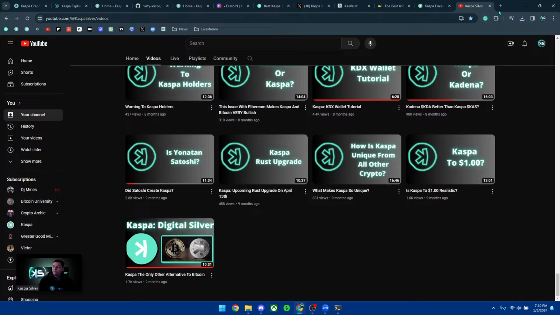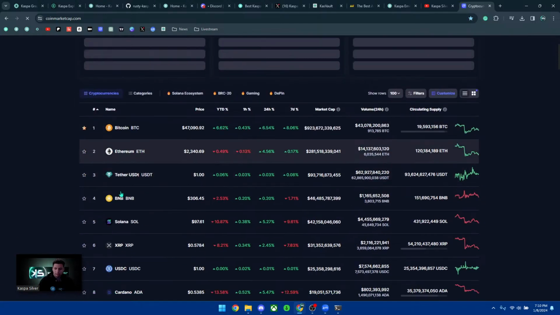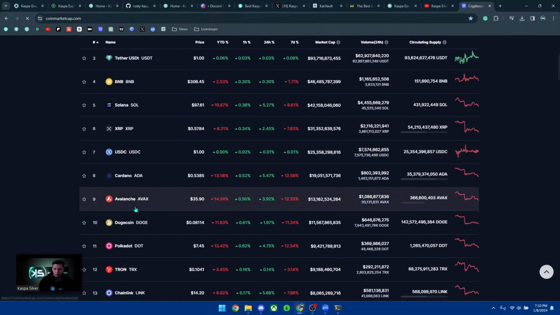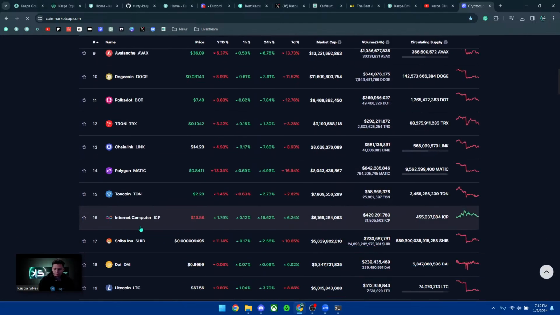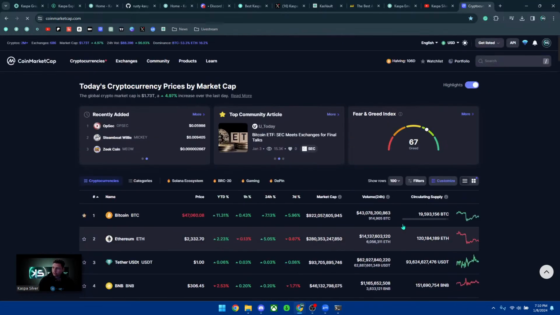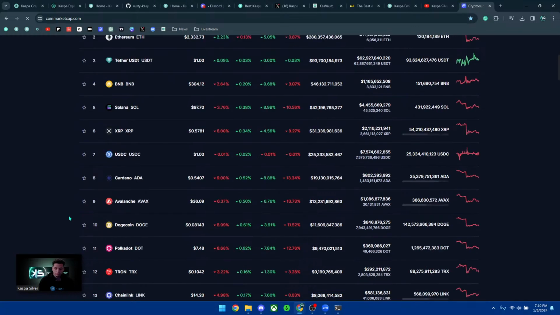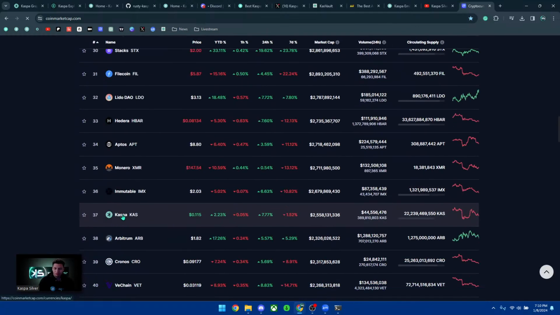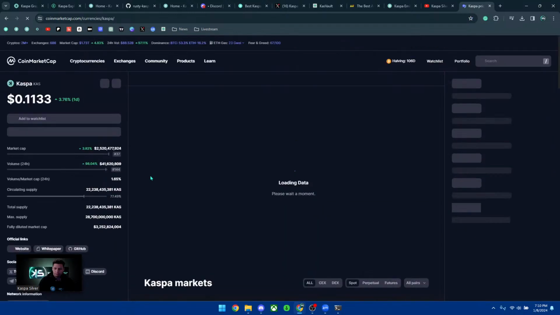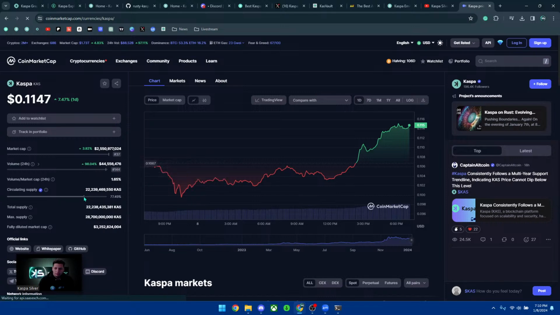But the best way for you to calculate future price potentials is to look at the supply and the market cap. So if we're going to Kaspa here, actually, before I click that, let me log out because my portfolio is on here. And if we go to Kaspa, we can see that the current market cap is 2.5 billion.